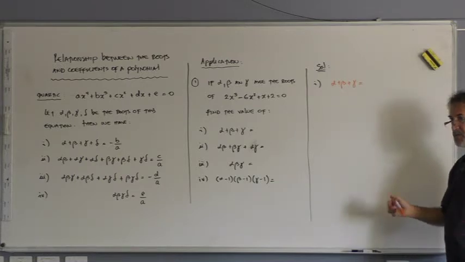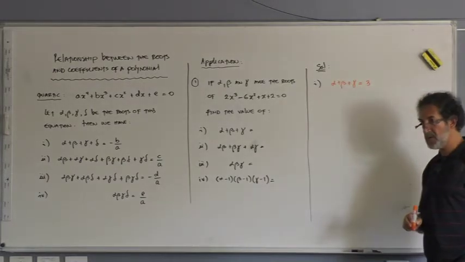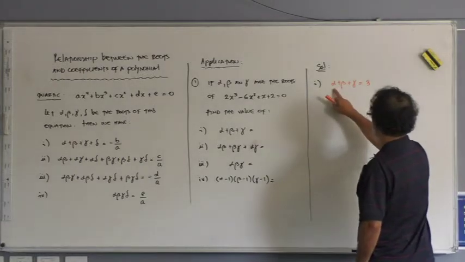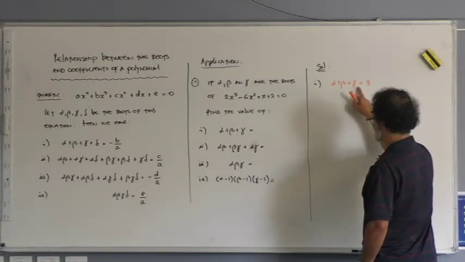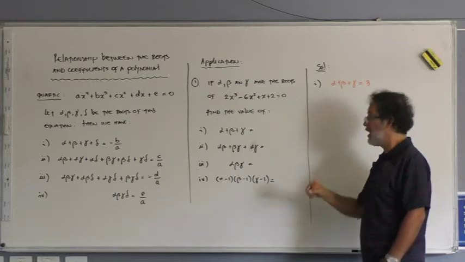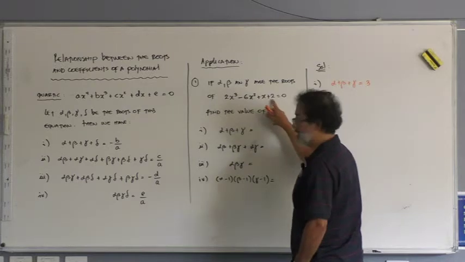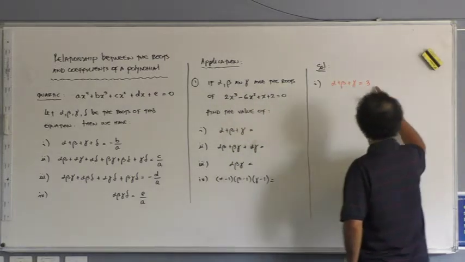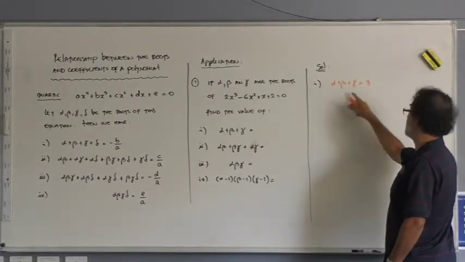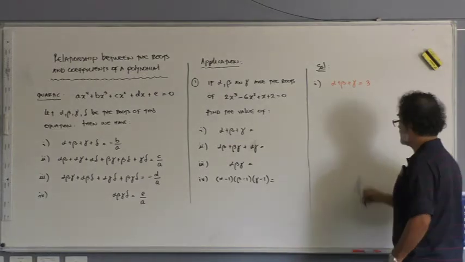So the answer is going to be 3. Am I going too fast? Okay, so when you add them together, the answer is always minus b over a. Here we have a, b, c, and d. So that is the first part.